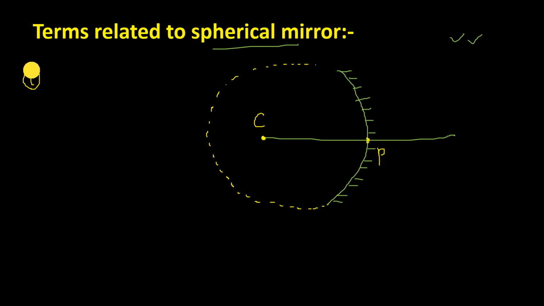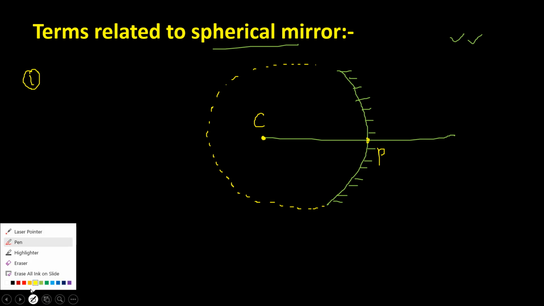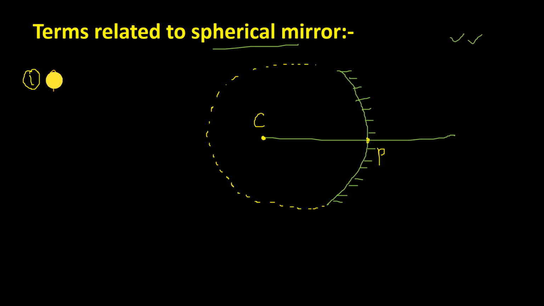First point is pole, the middle point of the spherical mirror. Second one is the center of the imaginary sphere of which the mirror is a part, that is called center of curvature.